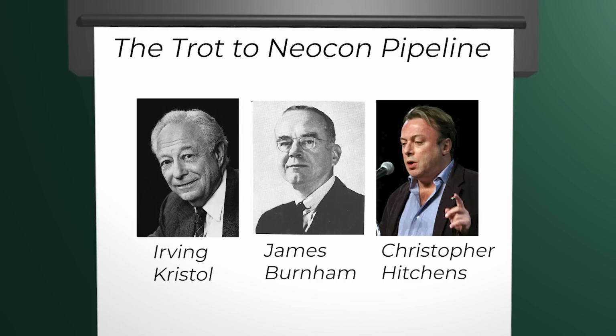Christopher Hitchens is another great example of this. This transition underscores the latent compatibility between Trotskyism's faith in centralized authority and the neoconservative embrace of state power, specifically when channeled towards goals framed as necessary for societal stability and global influence.